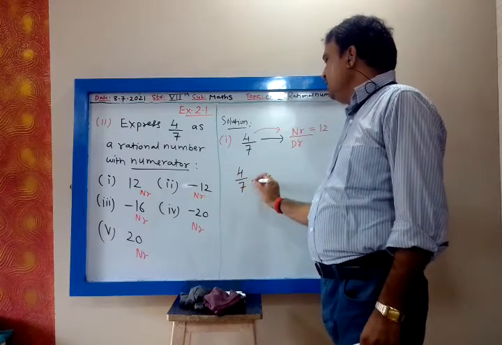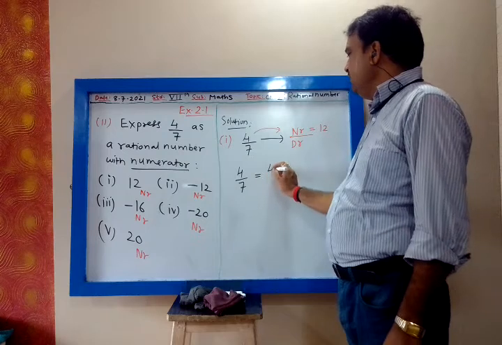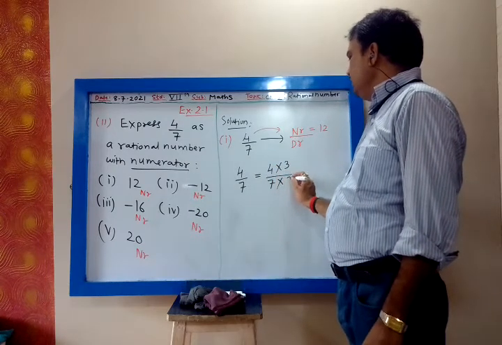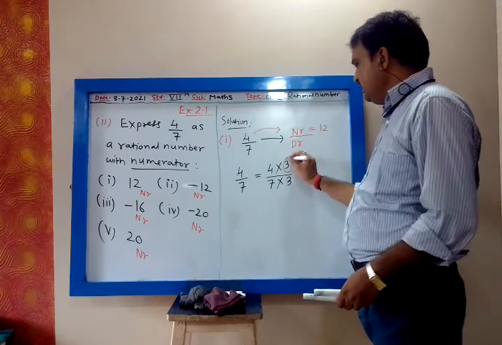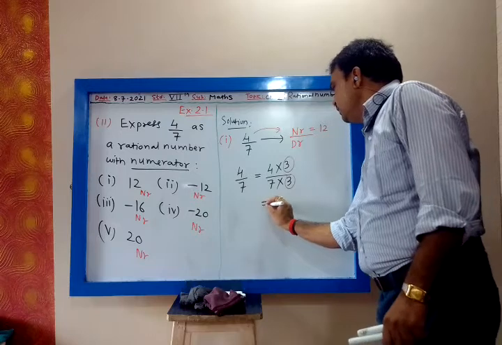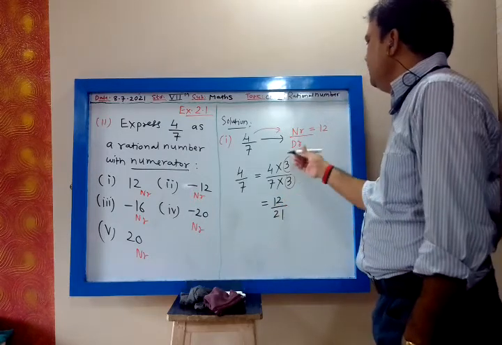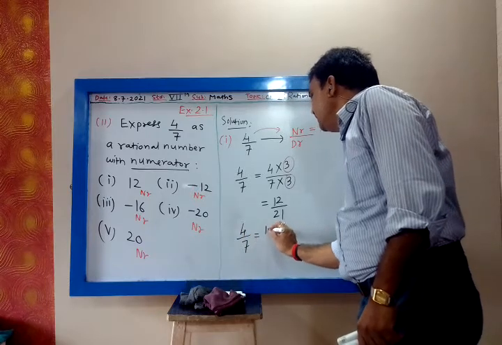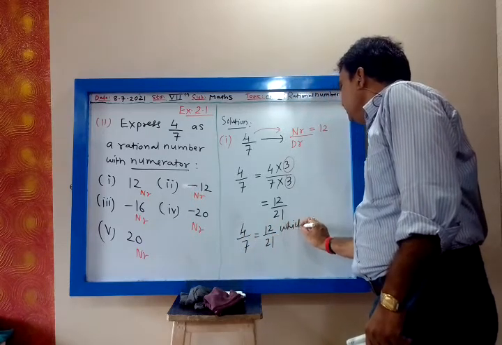We want numerator 12, so 4 I have to multiply by 3. So I will multiply numerator by 3, denominator by 3. 4 3s are 12. So 12 upon 21, which is again a rational number. So 4 upon 7 can be written as 12 upon 21, which is a rational number with numerator 12.